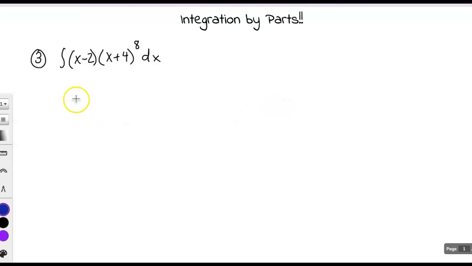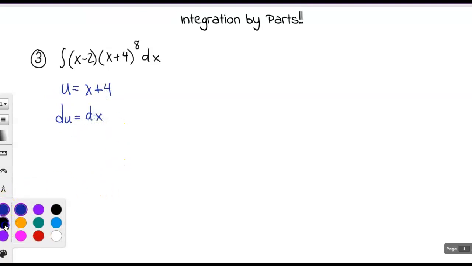So the next thing I do is I literally try U substitution, because I don't want to do parts if I don't have to. I would use my rule for U substitution that says, if you have a base to a power, then let U be the base. So let U be x plus 4, and then du would be dx.